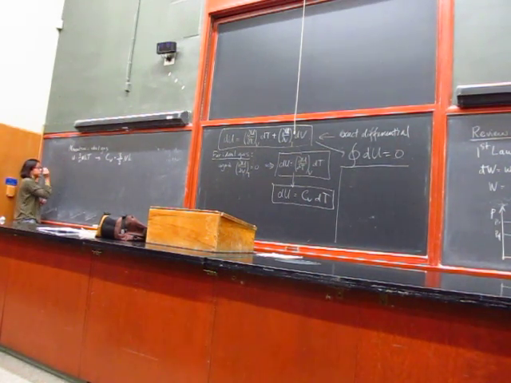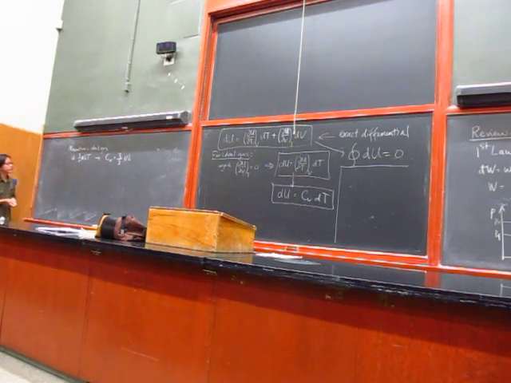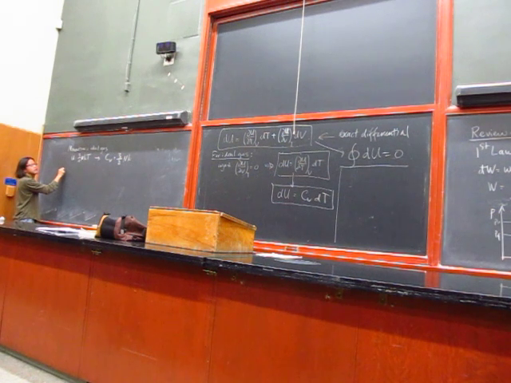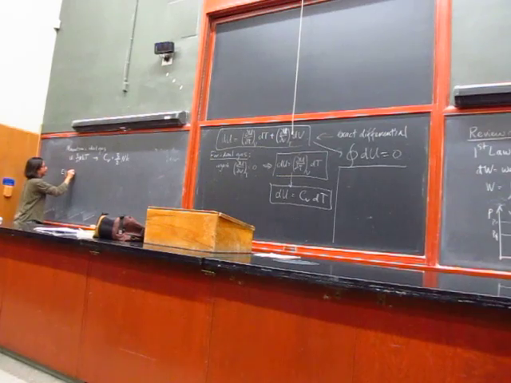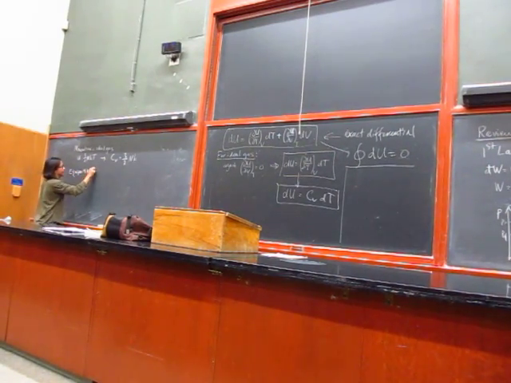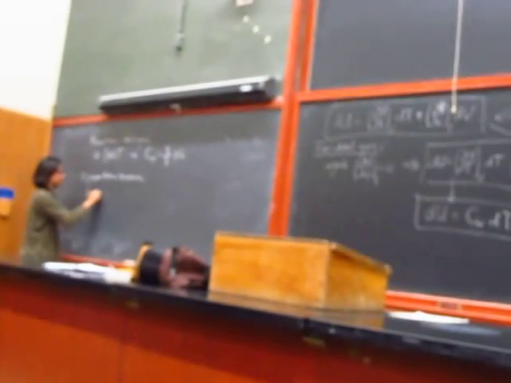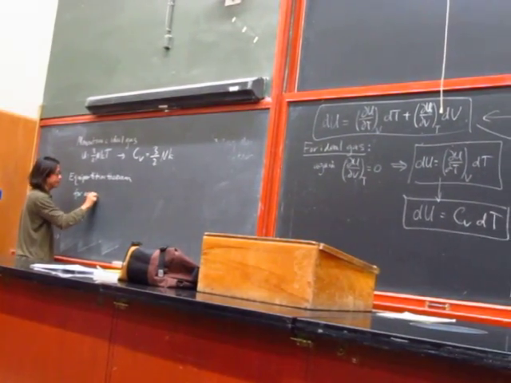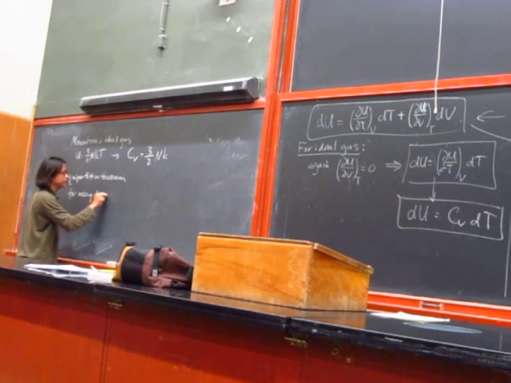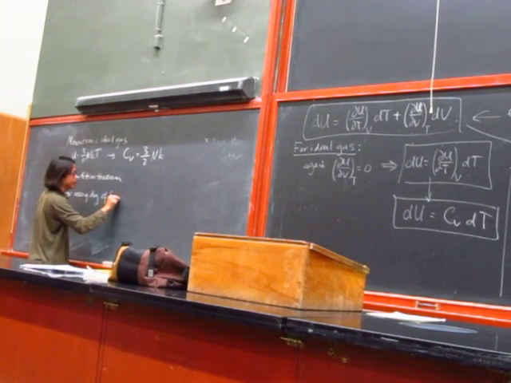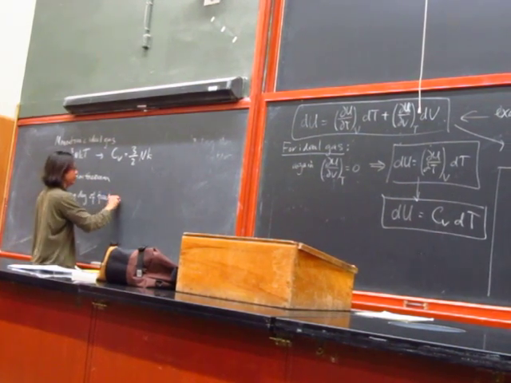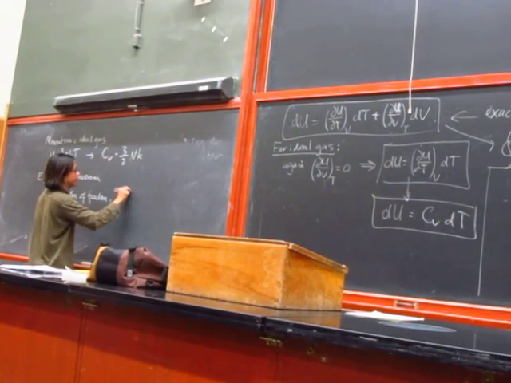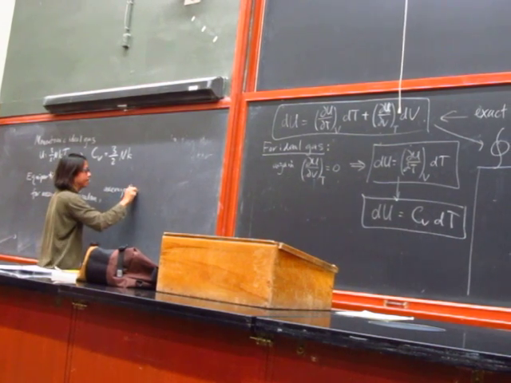We also know from kinetic theory or statistical mechanics, this is one of the things that I said that you should remember for the rest of your life. This is the equipartition theorem. Each degree of freedom has average thermal energy.